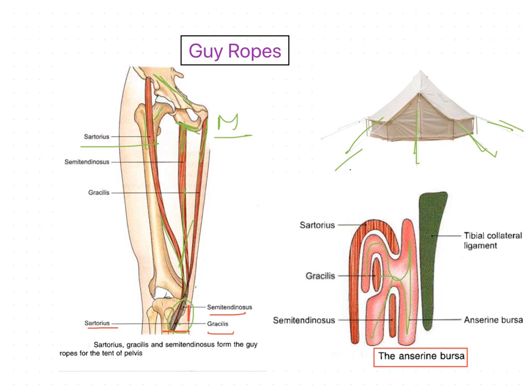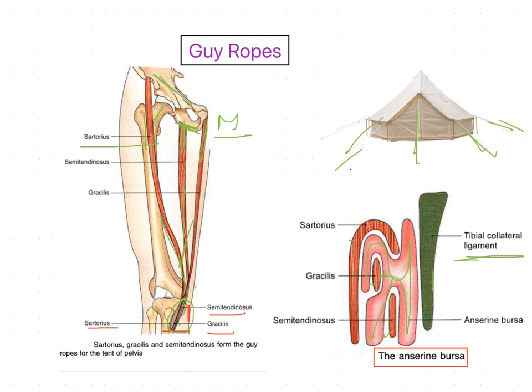It separates the tendons of the guy ropes, that is sartorius, gracilis and semitendinosus, mainly at their insertion, from one another, and also from the bony surface and from the tibial collateral ligament. So this is about the anserine bursa.